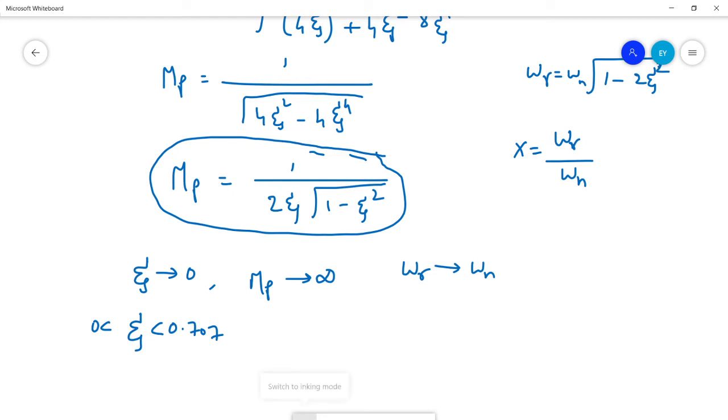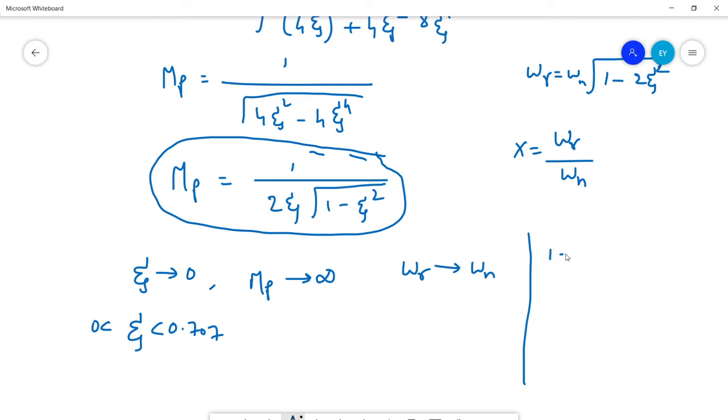How? See, check it, your resonant frequency omega r is equal to omega n root of 1 minus 2 zeta square. Here we know that frequency is always a positive entity. Therefore, this value should always be greater than or equal to 0.